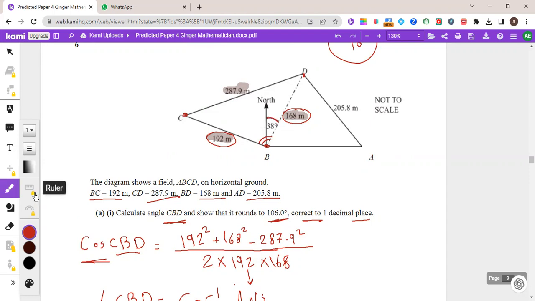Then find the bearing of C from B. We're going to go from B clockwise. Is it like this? No, this is anti-clockwise. Yes, the opposite. Bravo, Zena.